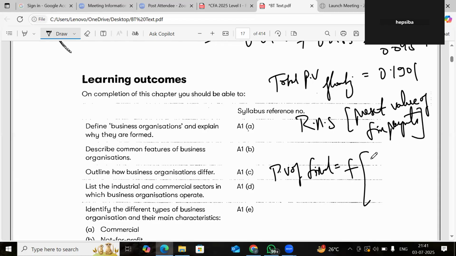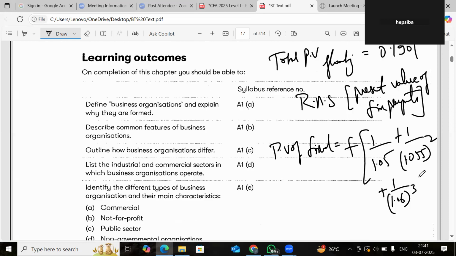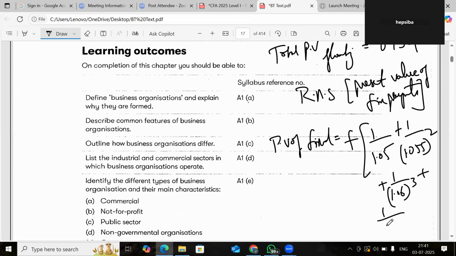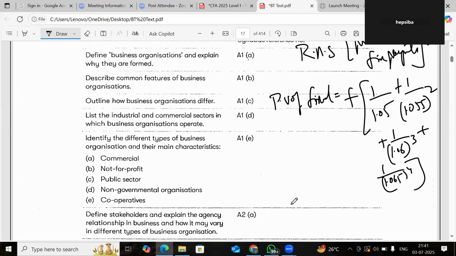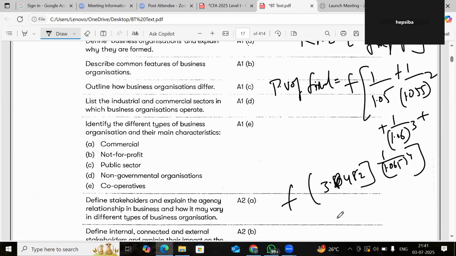In the RHS equation, 1 by 1.05, and so on. So you have to solve this. What is your LHS side equation? So when you solve this, you'll get F into 3.482. So you know LHS should be equal to RHS.